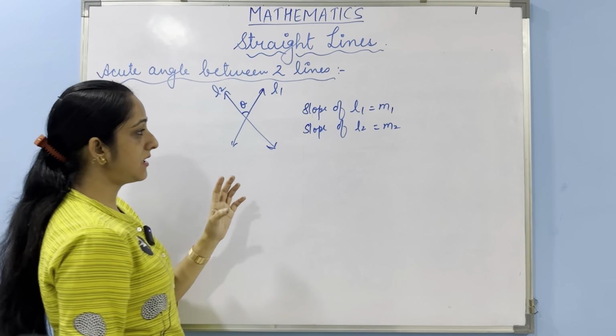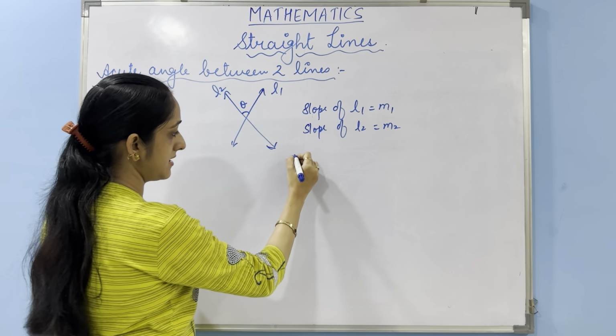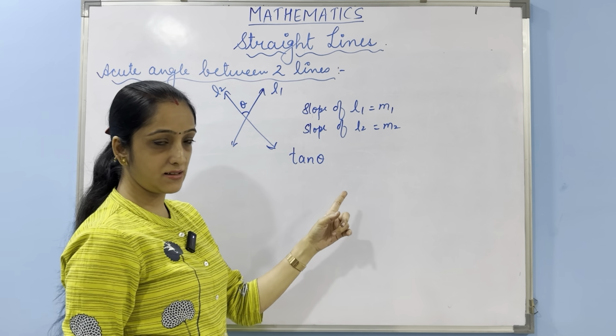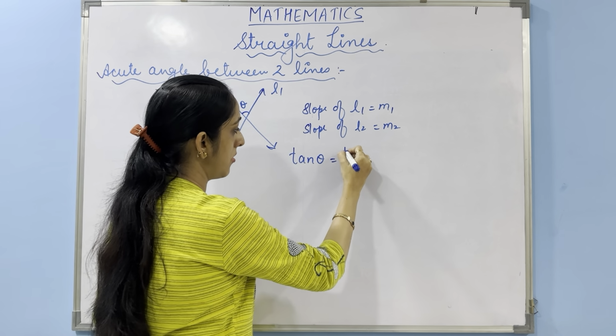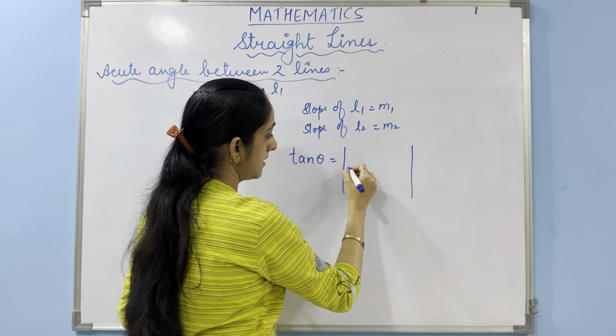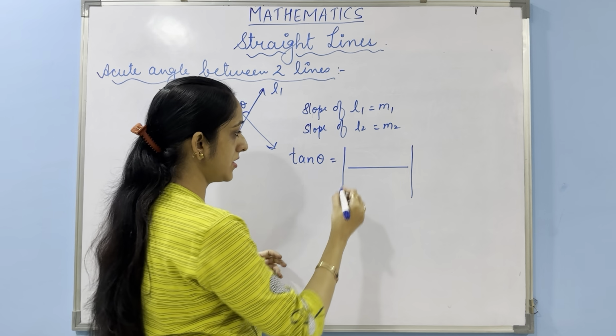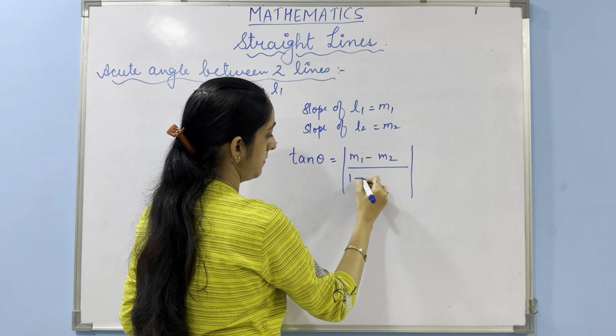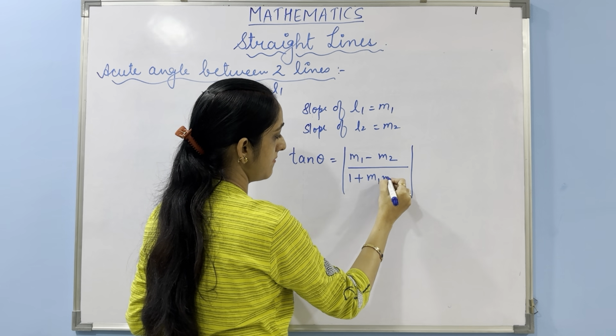So the acute angle between these two lines is given by formula tan theta. It is tan theta, which is modulus, because it is acute angle, mod of m1 minus m2 upon 1 plus m1 m2.